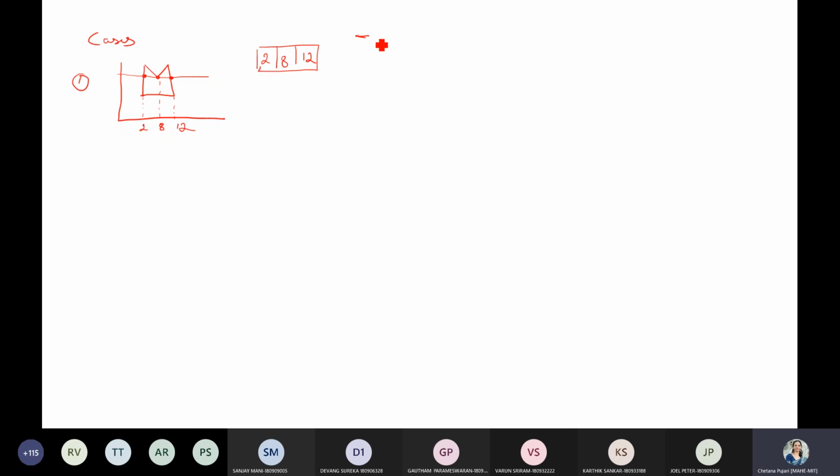So here what is happening is your scan line is passing through a vertex. So this is a condition when your scan line is passing through a vertex. So this is a vertex, you are passing through it. Hence we are getting an odd number of intersection points.